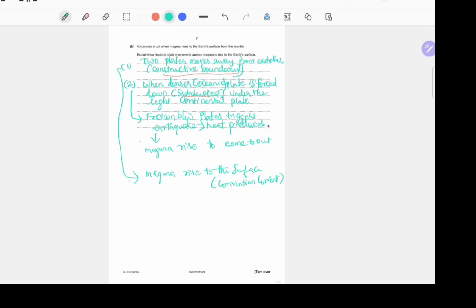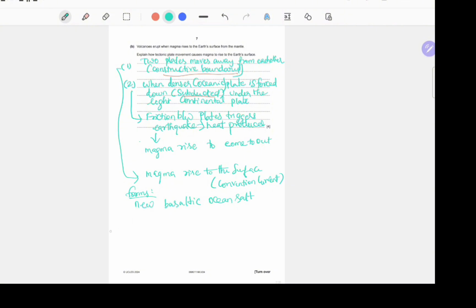So magma rises to the surface. It forms a new basaltic ocean crust, which is lighter and not as thick as solid rock.